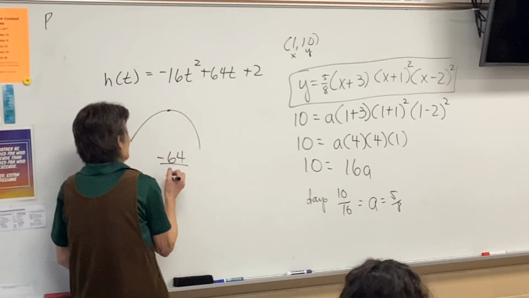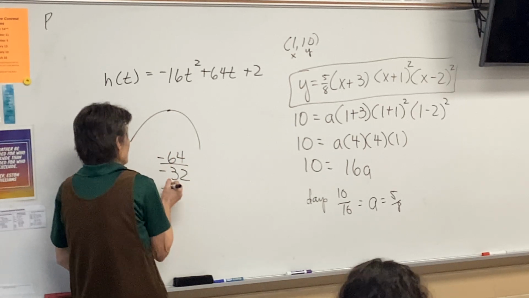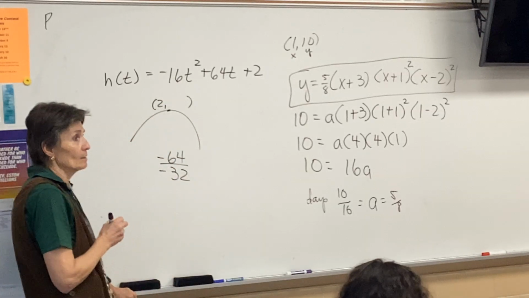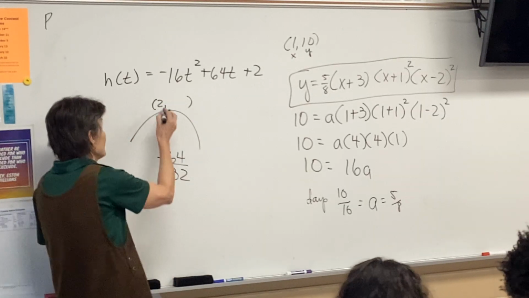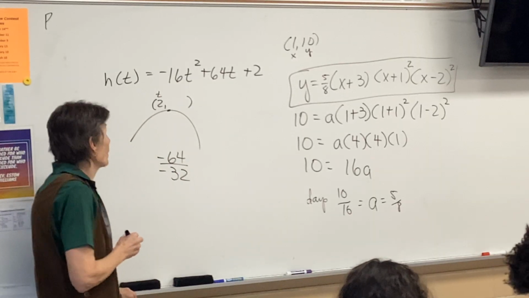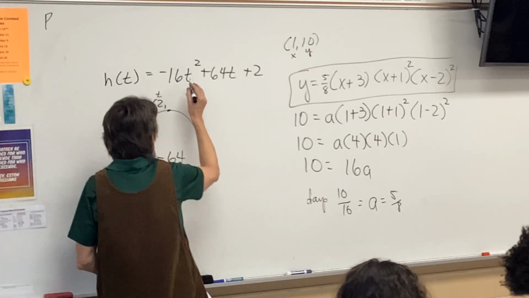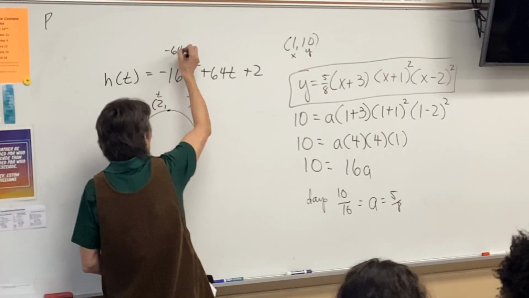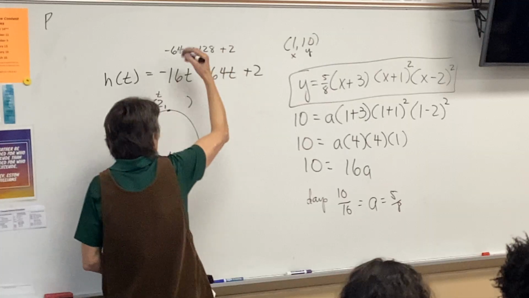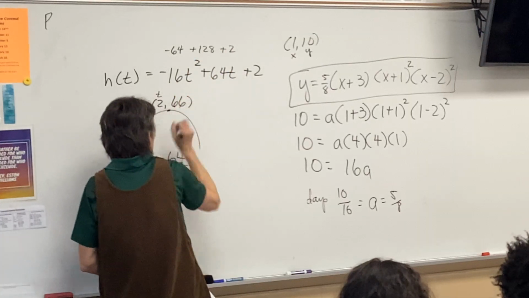Negative b over 2a. So it looks like the vertex is going to happen when t is 2. So we'll plug that in. I think I get 66.